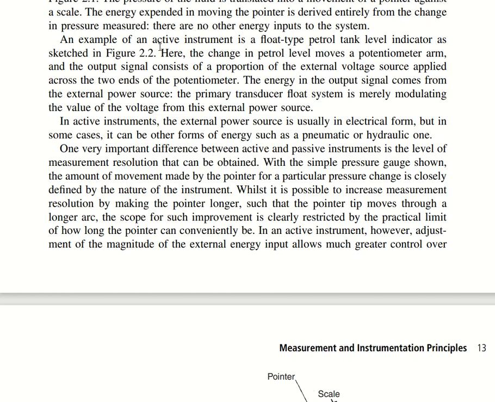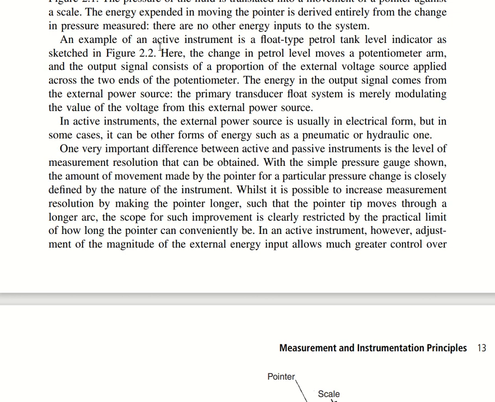In an active instrument, always remember the external power source is usually in electrical form, but in some cases it can be of other forms like pneumatic or hydraulic as well. One of the major differences between active and passive instruments is the level of measurement resolution that can be obtained.